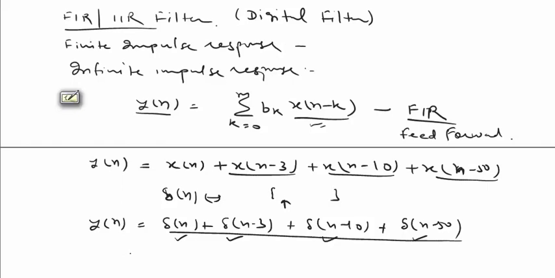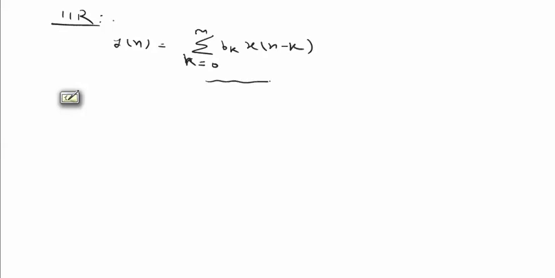In the case of an IIR filter, there is an infinite impulse response. The basic expression for IIR is the summation of b_k x[n minus k], and the first section is similar to FIR, but the difference is the feedback of the output: previous output values, minus the summation of a_k y[n minus k].